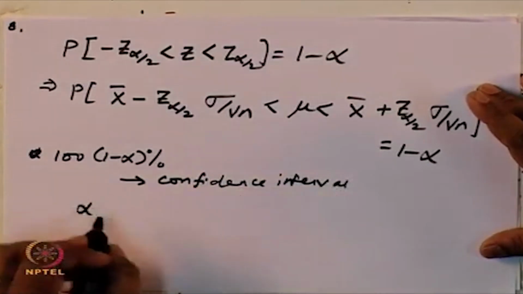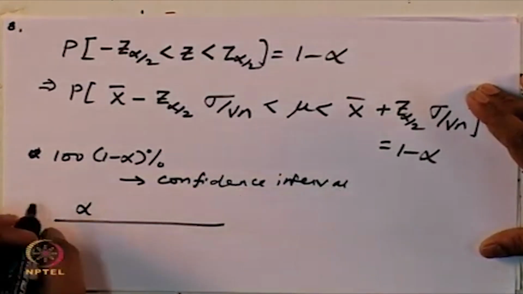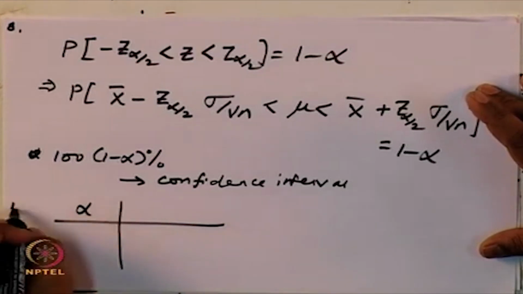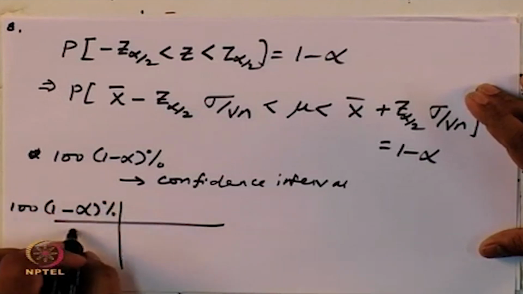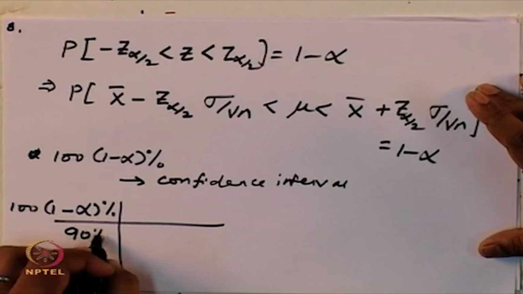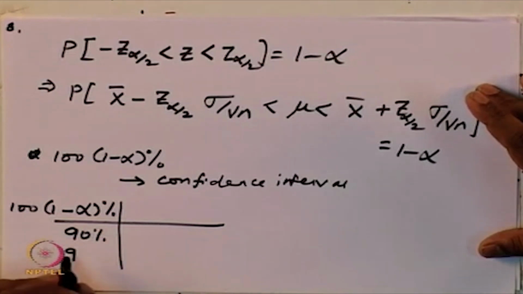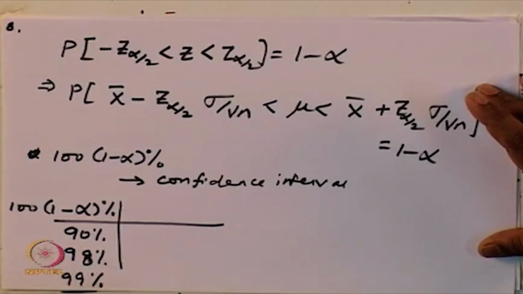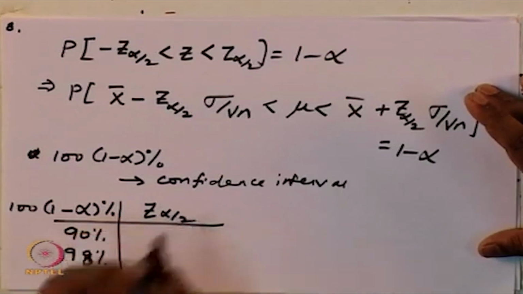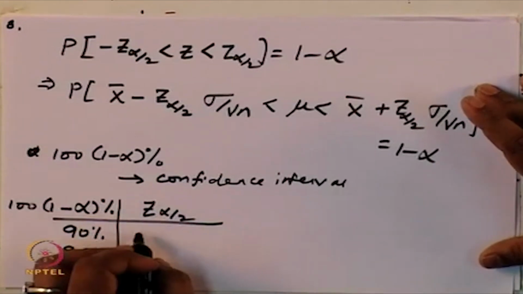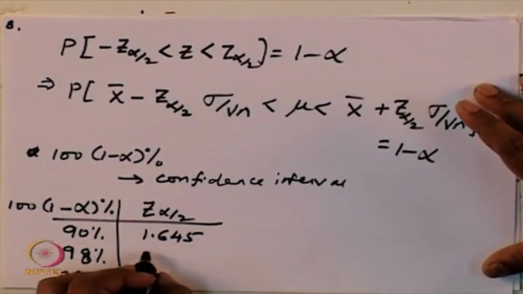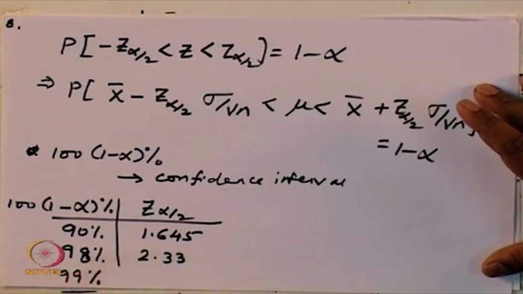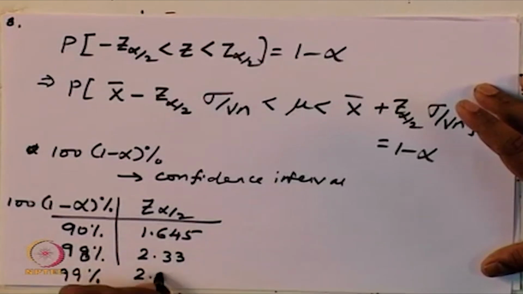So, if I plot the values of alpha, 100 into (1 minus alpha) in percentage, you can have 90%, you can have 95%, you can have 98% or 99%. So, the corresponding values of z alpha by 2 for 90% is 1.645, for 98% it is 2.33 and for 99% it is 2.58.